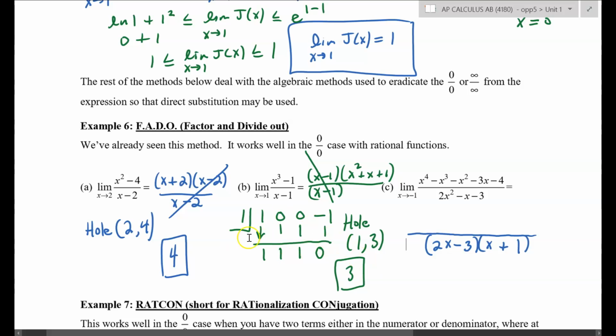So I'm going to do the same thing I did over here. I'm going to see if -1 will divide into this evenly, right? Using synthetic. The best case is if it doesn't, because then I can just say, done, does not exist.